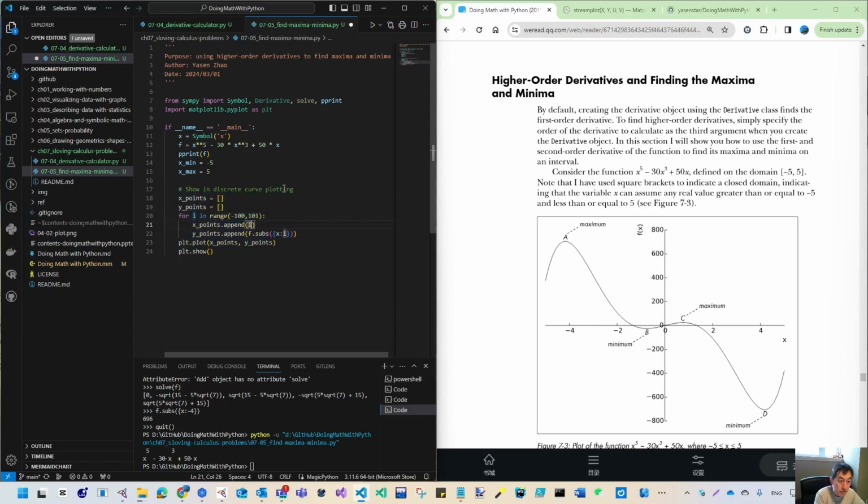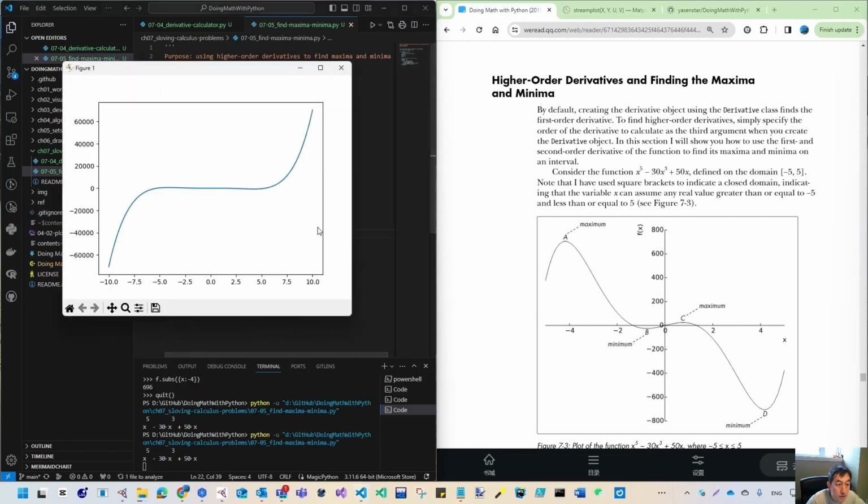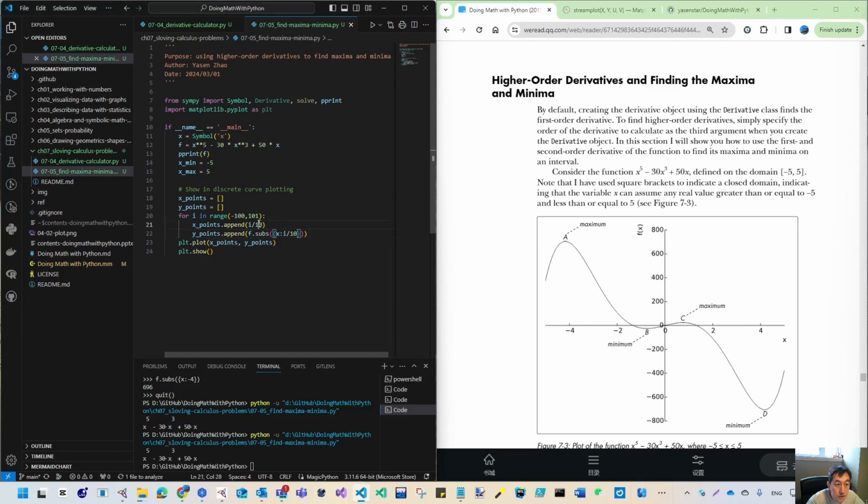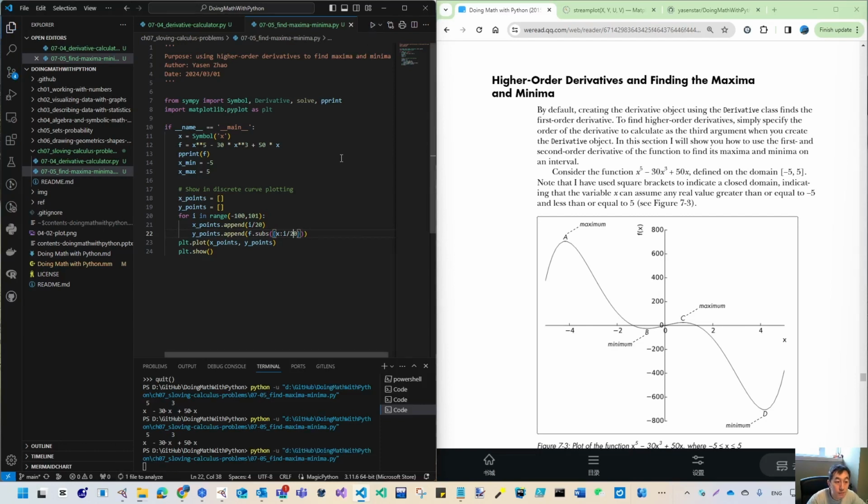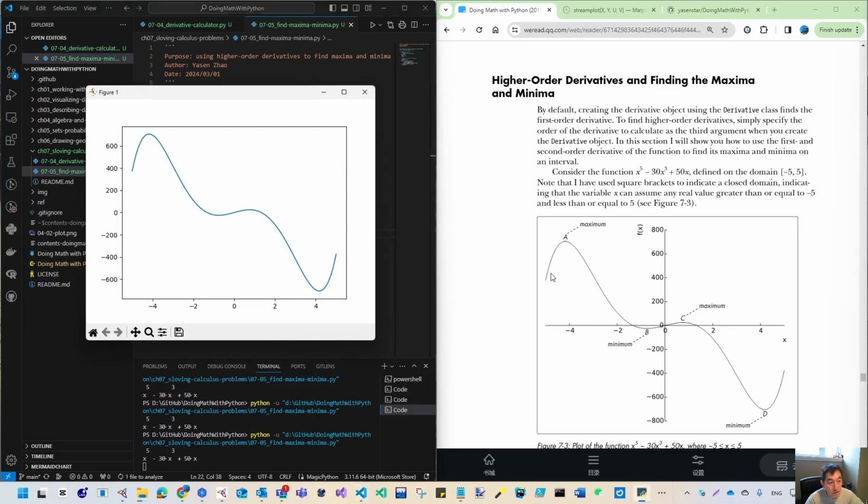So I put this to divide it by 10. Out from here is divided by 10. So let's have a look. It also looks like a little change. So 20. From 100 divided to 20, then we got this negative to positive 5. Oh, now we can finally see this curve.